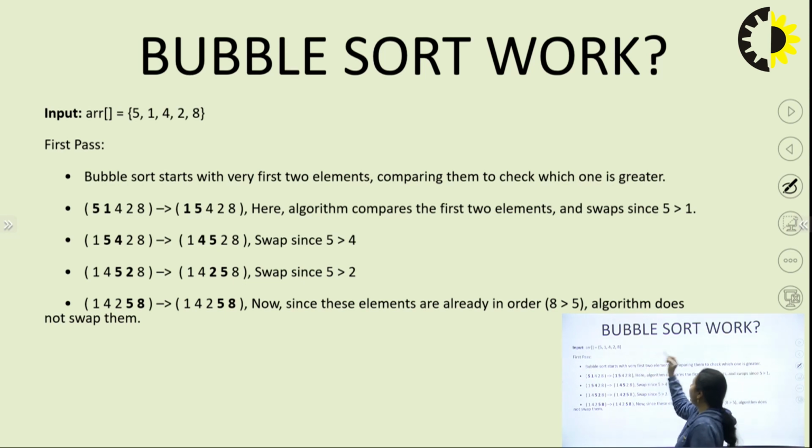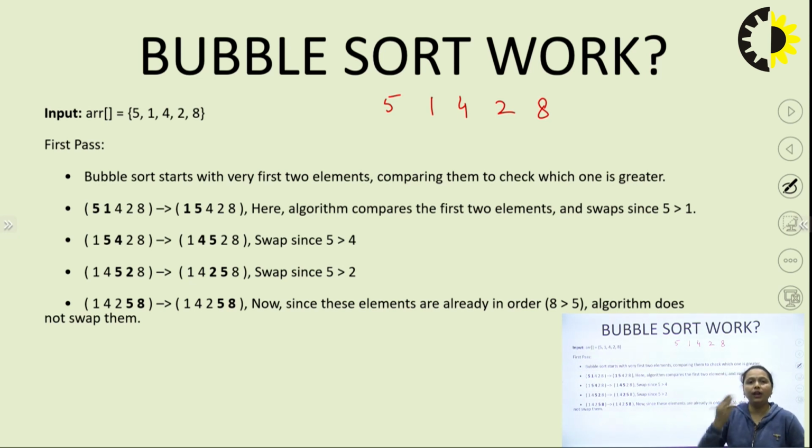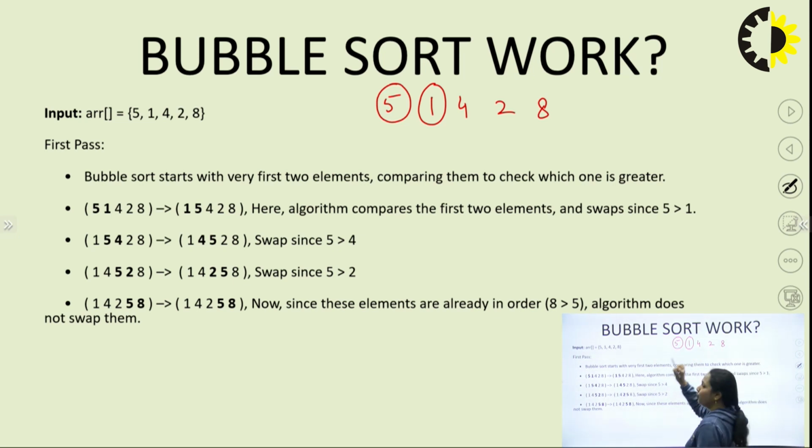Let us assume we have an array 5, 1, 4, 2 and 8. In the first pass, we will start with the first two elements. The first two elements we have are 5 and 1. These are the first two adjacent elements present within the list. Now we compare 5 and 1. The logical order of 5 and 1 is wrong, as 1 comes before 5.